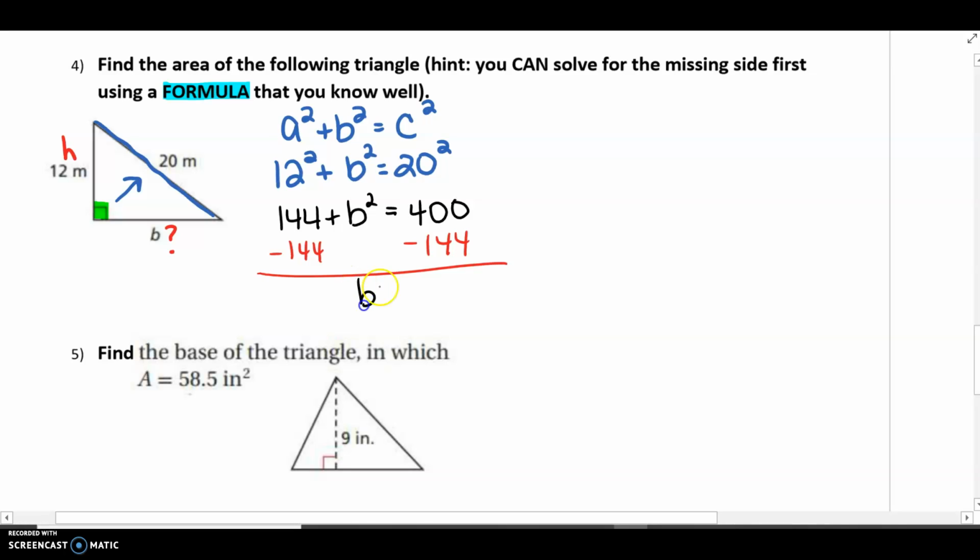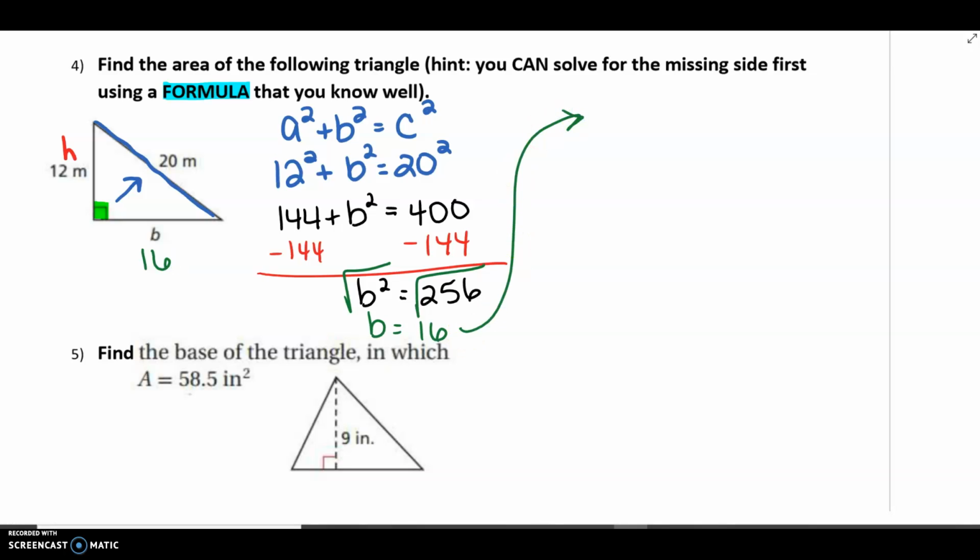I find that b squared is equal to 256. And in order to solve for b, I take the square root, and the square root of 256 gives me 16. So my base is 16, my height is 12.